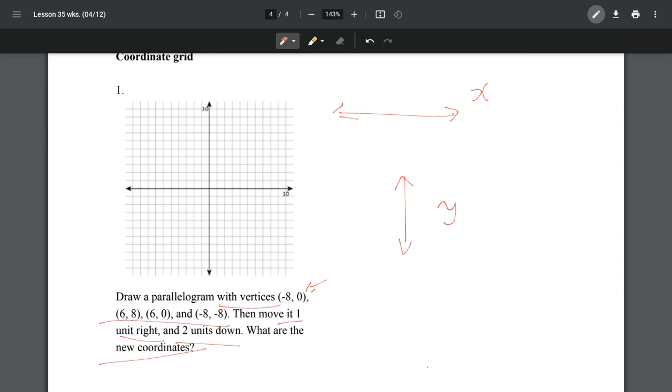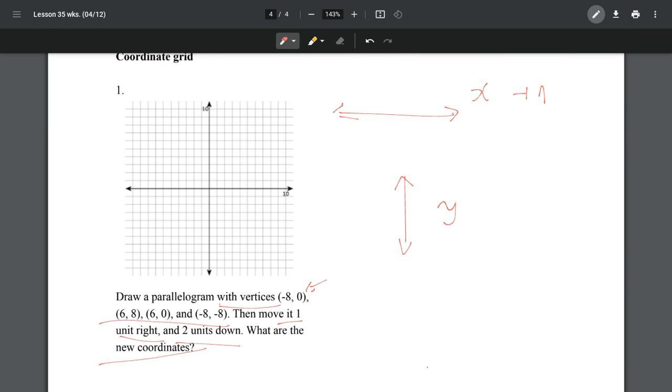And so when we're moving 1 unit right, that means x plus 1, right? Because we're moving 1 unit right. How about y?